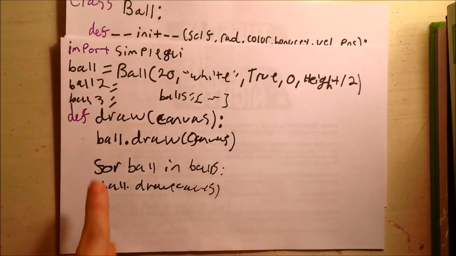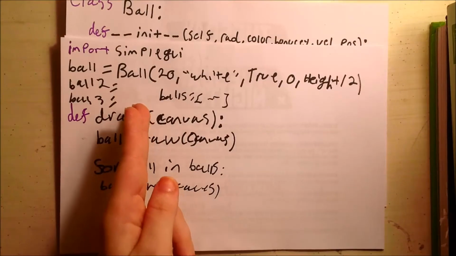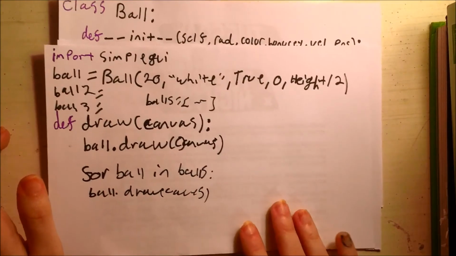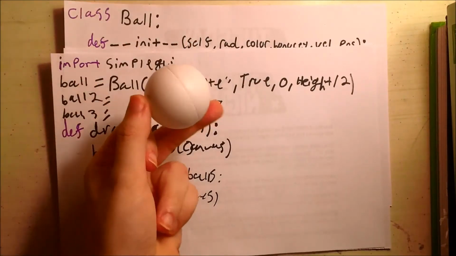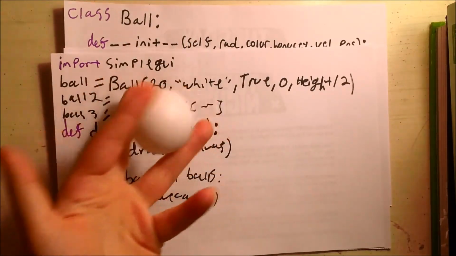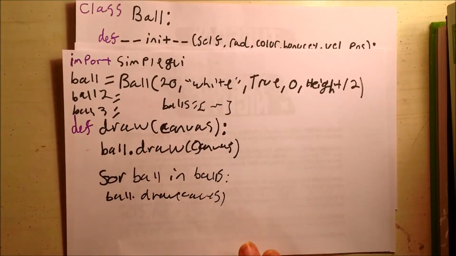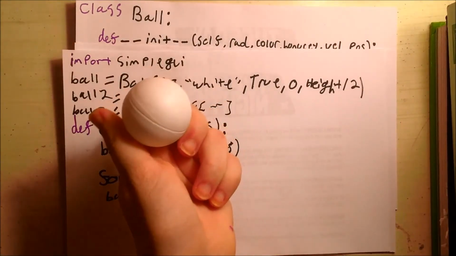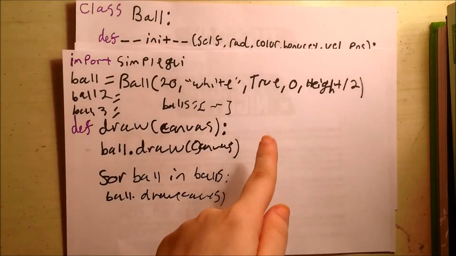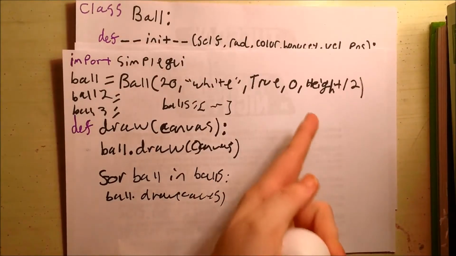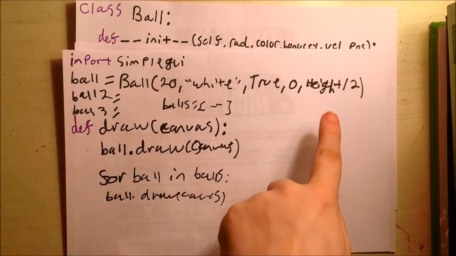And then we say our ball is a ball class object, and it takes a radius, and well, the radius of this doesn't really matter because this is only the drawing thing, so we'll set it to 20 pixels. It's a white ball. It is bouncy, so bouncy equals true, and we're going to draw it initially at rest at the middle of the screen.